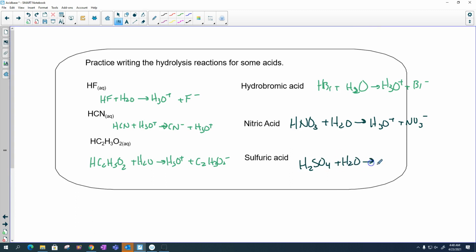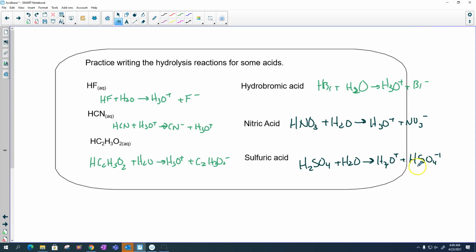Depending on the situation, it can give one H or it can give two H's, but water can only take one of them. So I'm supposed to do one first. H3O plus, and then plus HSO4 minus 1. That's the most common reaction.